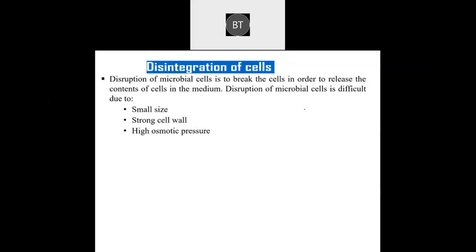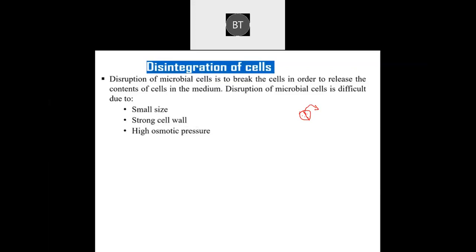As I told you previously, if this is the microorganism and all your intracellular metabolites are present in it, these cells have to be broken down so that you release these materials which are useful for us.